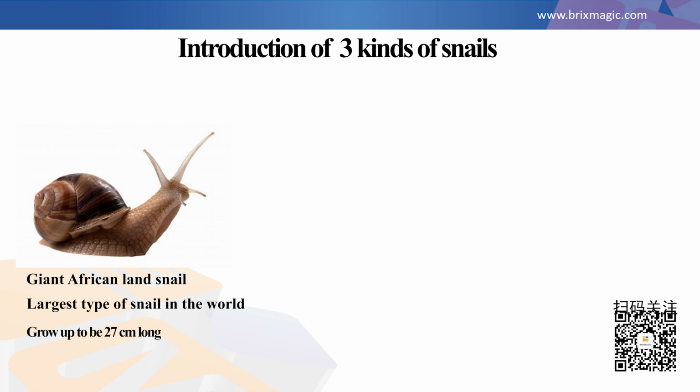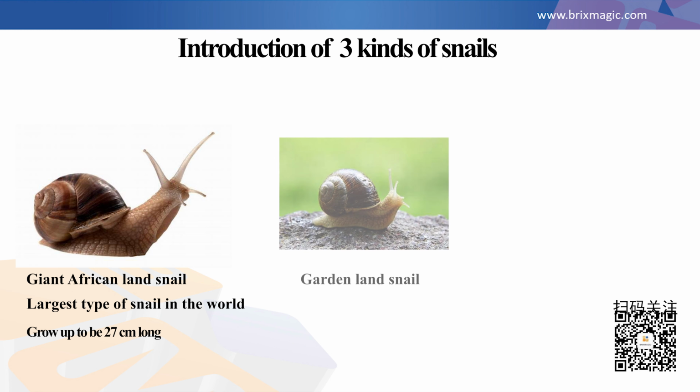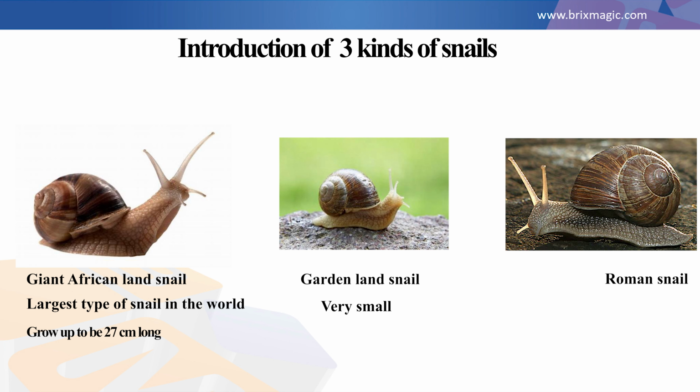Now in contrast, we also have the garden land snail, which are very small, and if you've ever seen a snail before, you probably were looking at the garden land snail. They're some of the most common types of snails in North America. And lastly, we have the Roman snail.